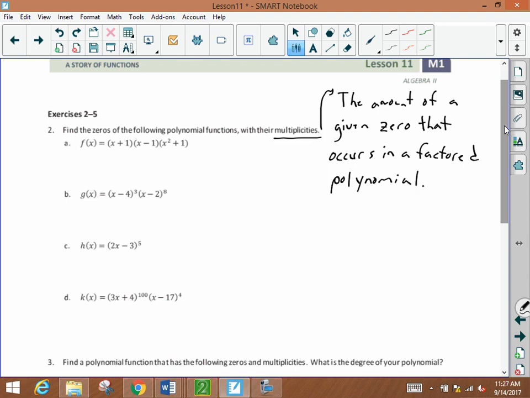I'll show you. So for this one, let's find the zeros. Obviously, x equals -1, right? From the first one. Also, x equals 1. For the x squared plus 1, I'm going to have to solve that, right? I want to know what number can I plug in for x that would give me 0 there. And I'm going to solve it, so I'll subtract 1 from both sides.